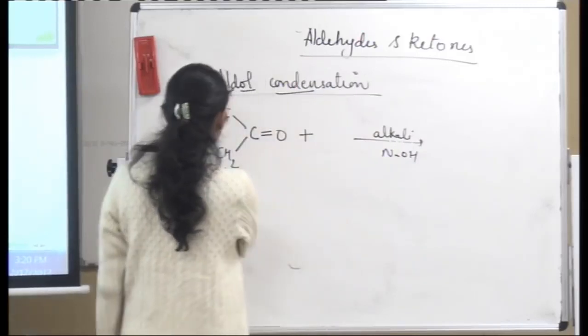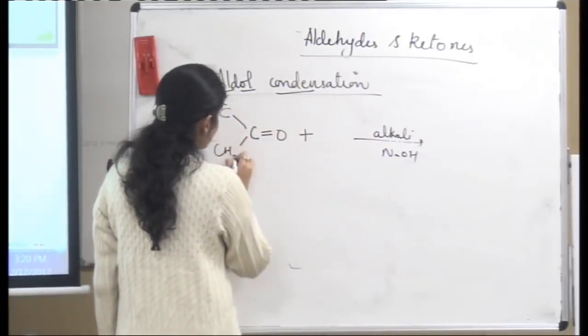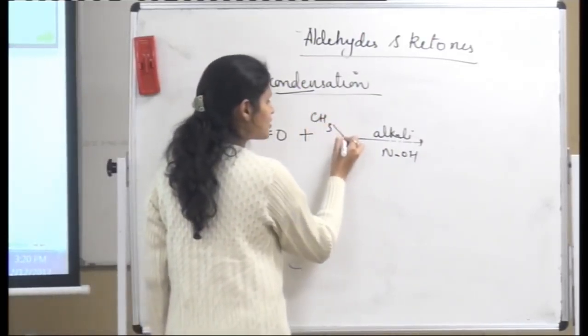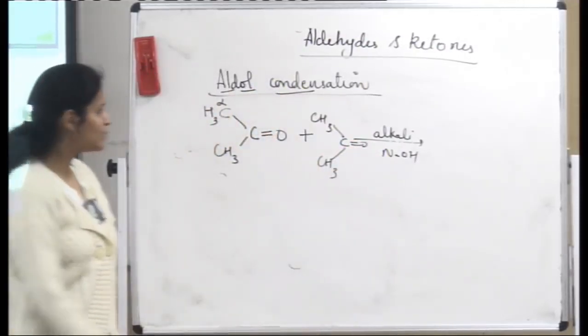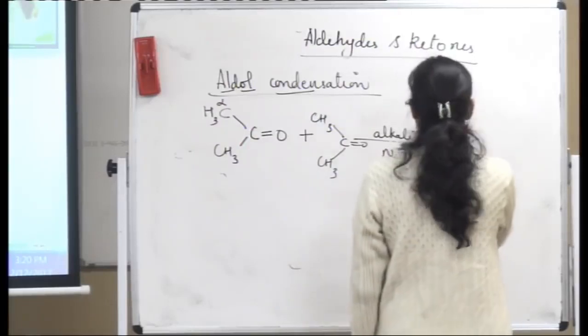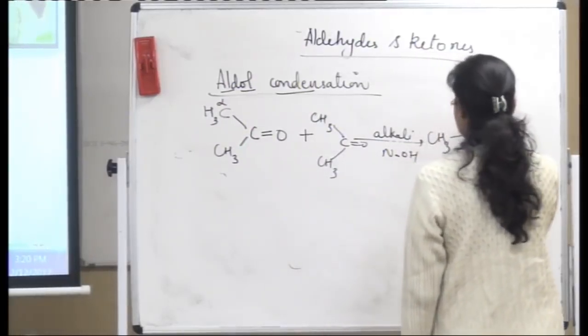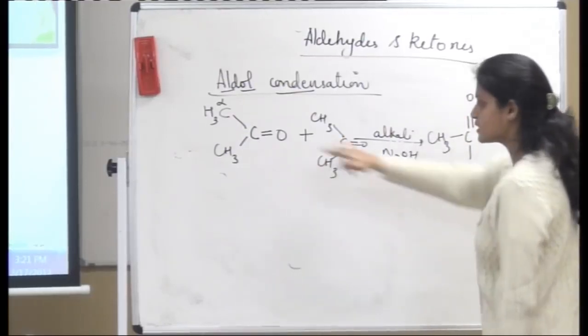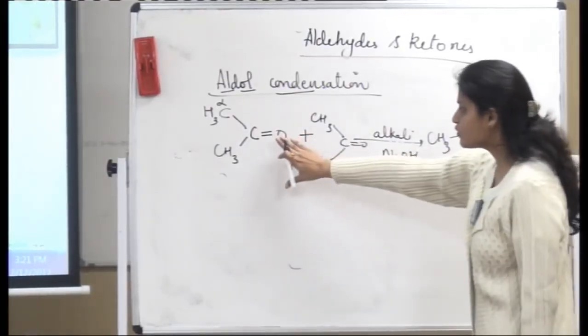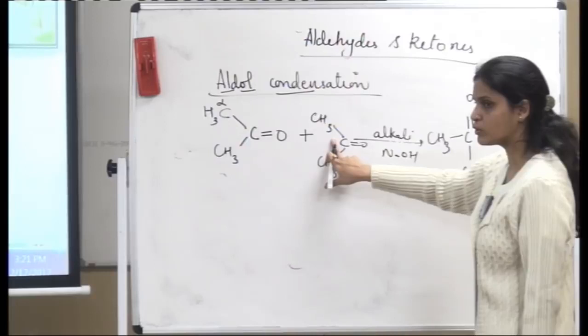Suppose we are taking acetone and acetone, for example. What should be the product? It would be CH3COCH3. This is the first reactant. If it wants to combine with this molecule, what should it do?